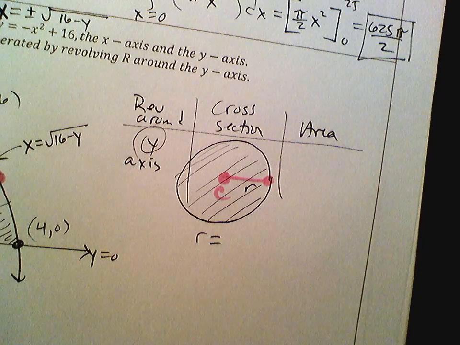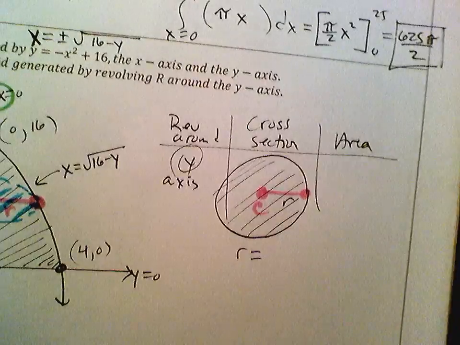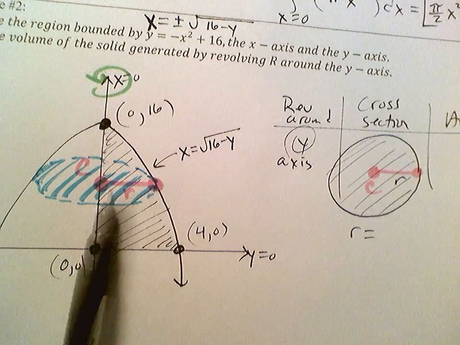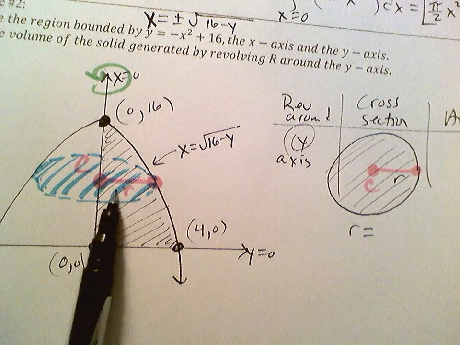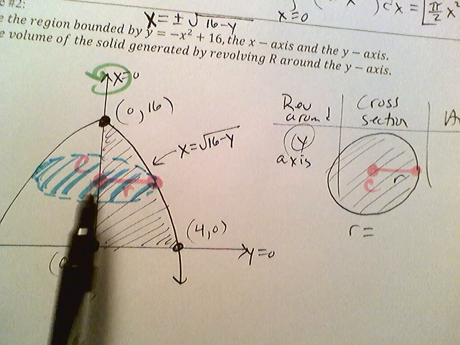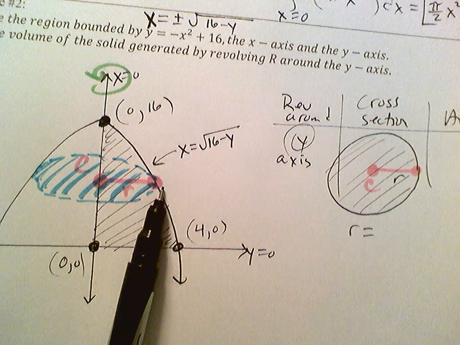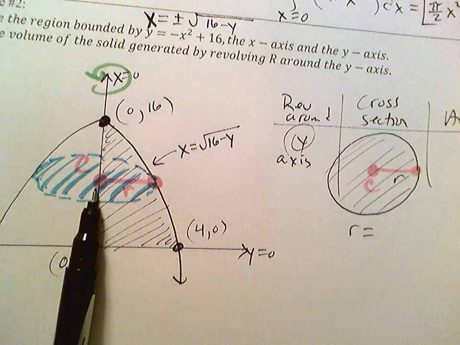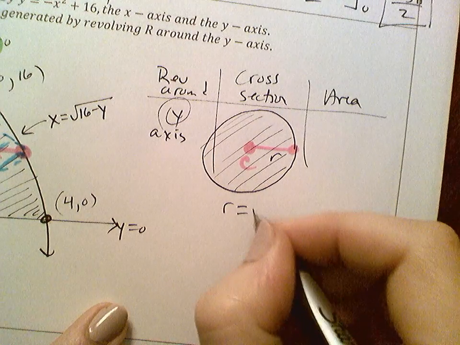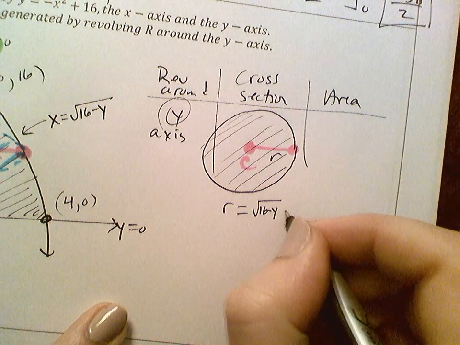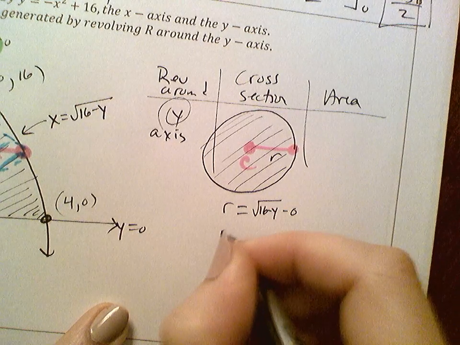And then I just have to figure out what the radius is. This pink radius is the one I want. I have to do right minus left because it's a horizontal length. So right would be radical 16 minus y, and left would be 0. Right minus left, radical 16 minus y minus 0.